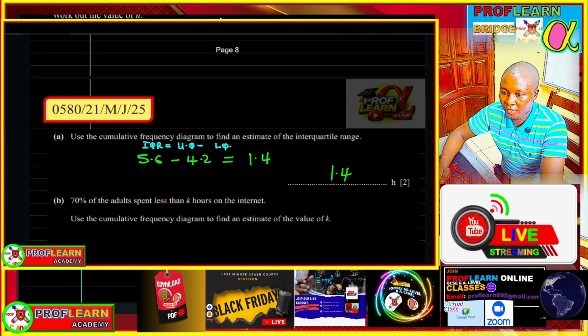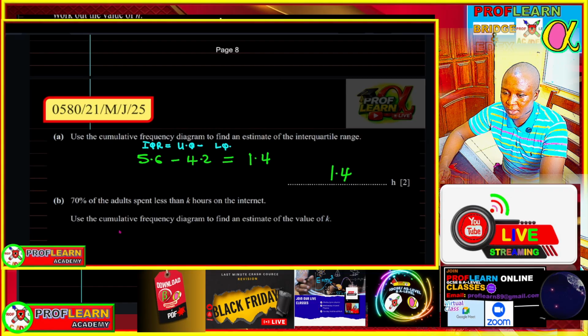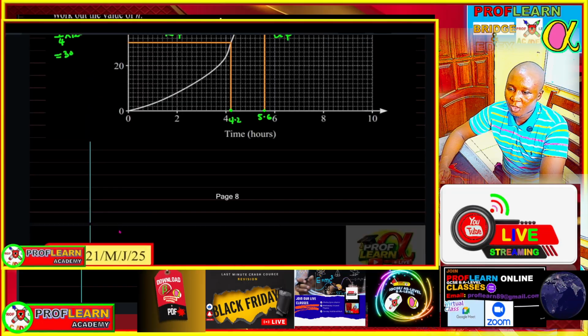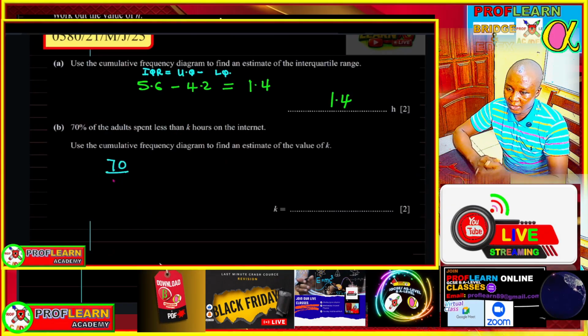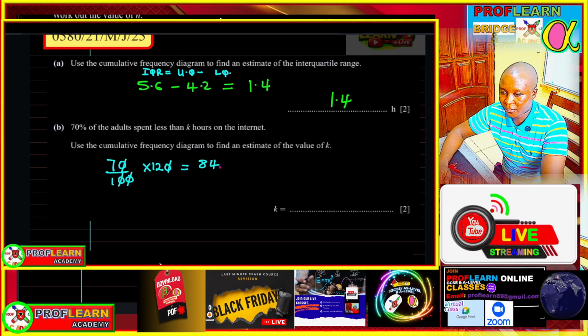And then we have 70% of adults spent less than K hours on the internet. So we're going to work out 70% of that. What is 70%? 70% of the adults. That's going to be 70 over 100 times the total number of adults that we were having there. And that's going to translate to 84.